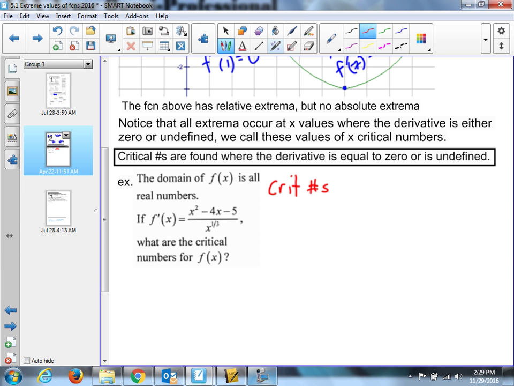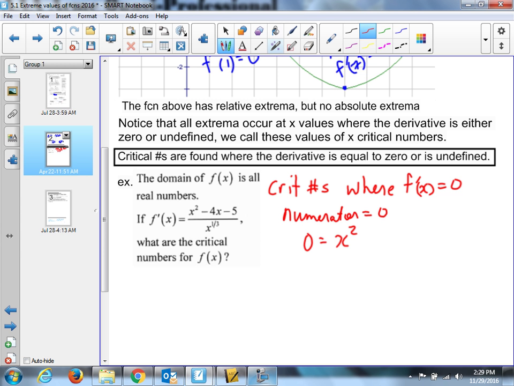So first, the part where the derivative gives me 0, as you were saying, the numerator is all we worry about for the zeros, and then if it's undefined, the bottom. Okay. So set the numerator equal to 0.